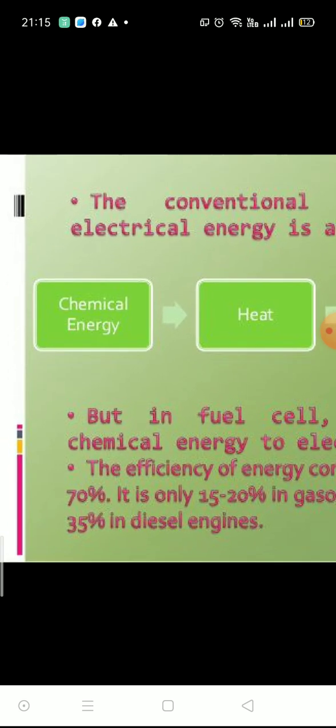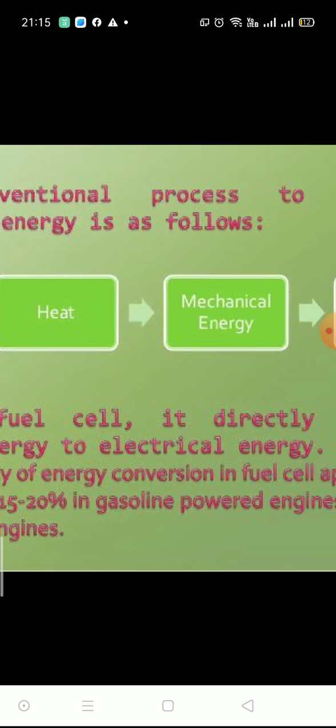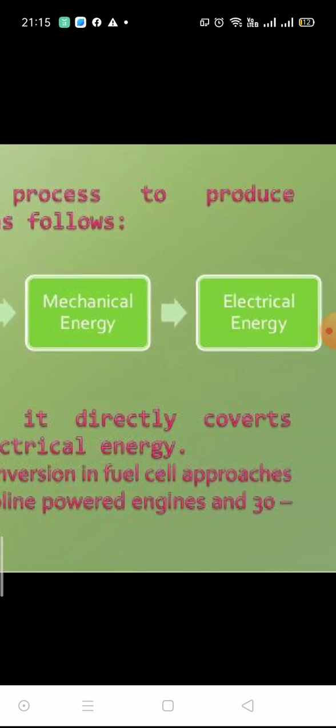In a conventional process, production of electrical energy takes place in these steps. When any fuel is heated, its chemical energy changes to mechanical energy and then to electrical energy.